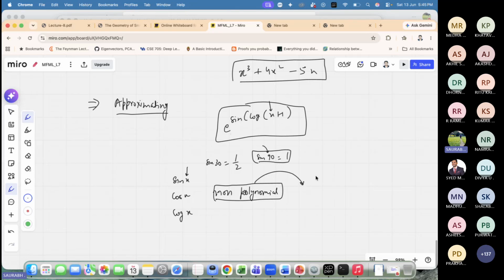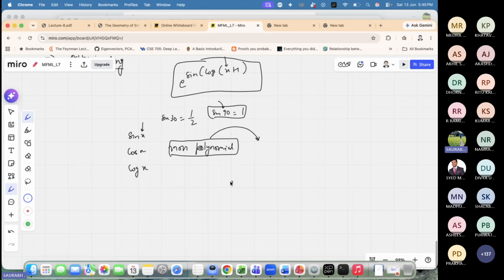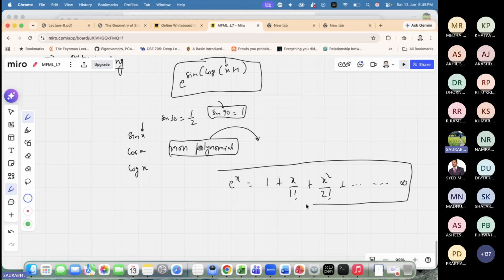For example, e to the power x is written down as 1 plus x by 1 factorial plus x square by 2 factorial plus and so on up to infinity. So this entire series originated basically because of Taylor series. Okay. And this series is saying to approximate, let's say e to the power 0.1, what you need is you just feed in x equals 0.1.